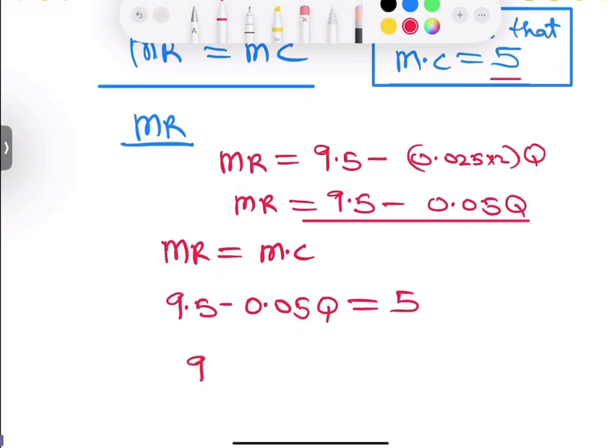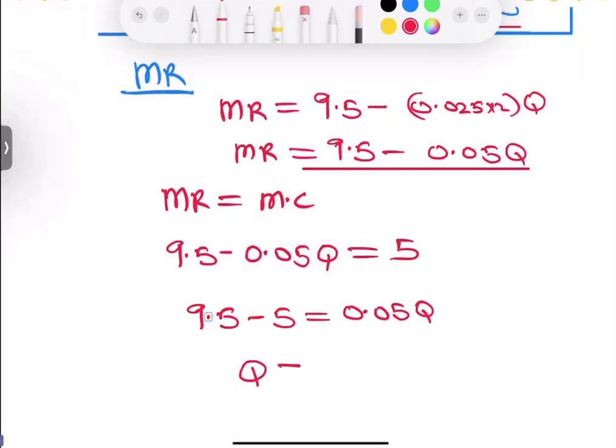So 9.5 minus 5 equals 0.05 Q, and Q will equal 4.5 divided by 0.05. That gives 90 on my calculator.